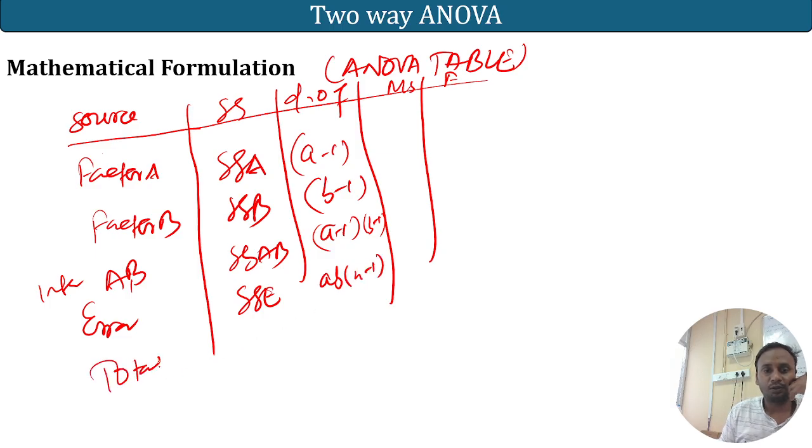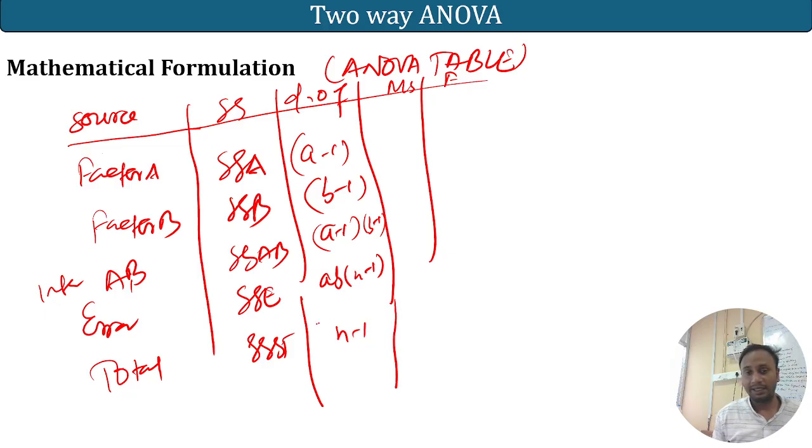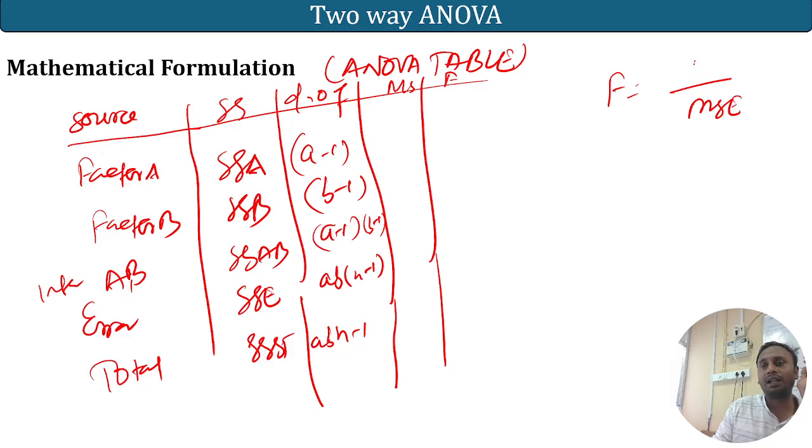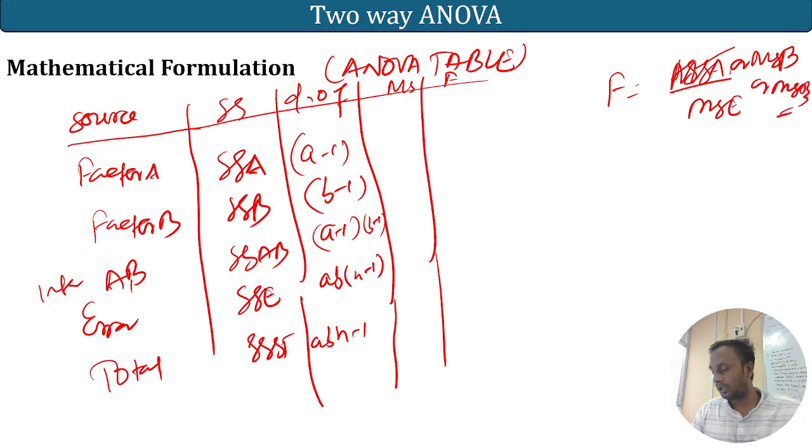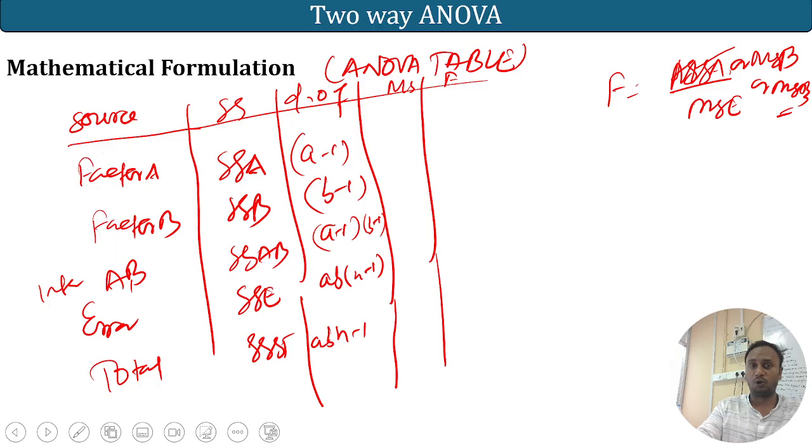Then we come to the total, SST, with ABn minus 1. Then F will be computed using MSE in the denominator, with MSA, MSB or MSAB in the numerator. So this is the idea of how it goes.